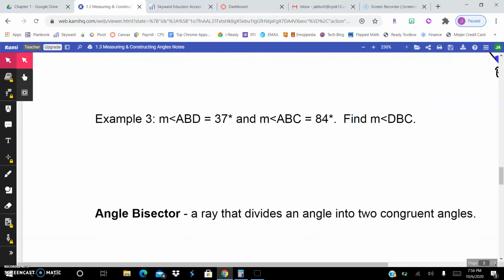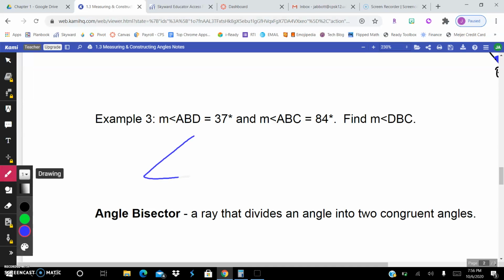So for example 3, it says the measure of angle ABD is 37 degrees. So if I draw that, ABD, and this one is 37 degrees, the measure of angle ABC is 84. So AB is already shown here, so we need another angle out here, that's C, and that is going to be 84 degrees.